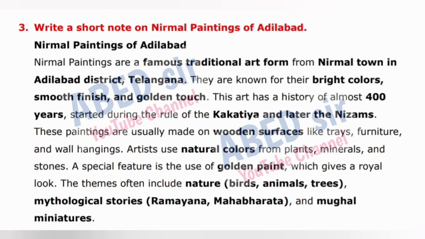These paintings are usually made on wooden surfaces like trays, furniture, and wall hangings. Artists use natural colors from plants, minerals, and stones. A special feature is the use of golden paint, which gives a royal look. The themes often include nature, birds, animals, trees, mythological stories, Ramayana, Mahabharata, and Mughal miniatures.